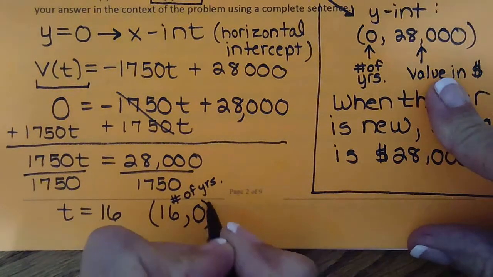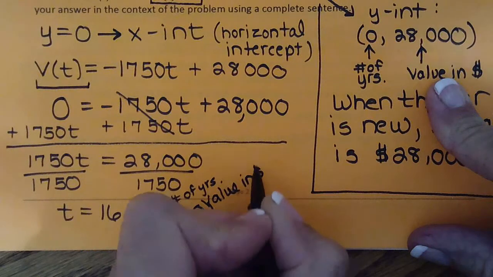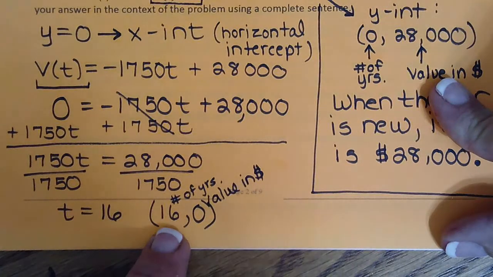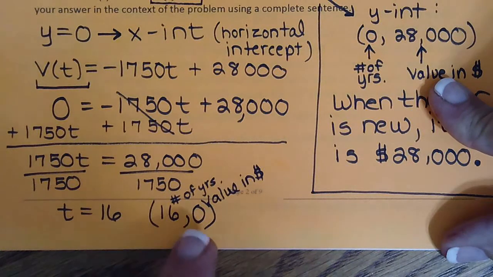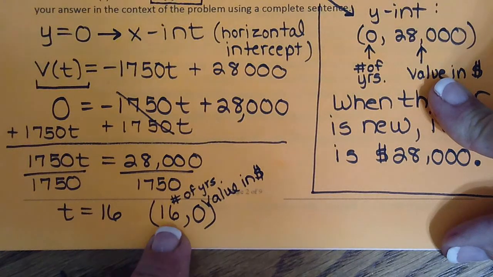So this is your value in dollars. So after 16 years, the car's value is $0.